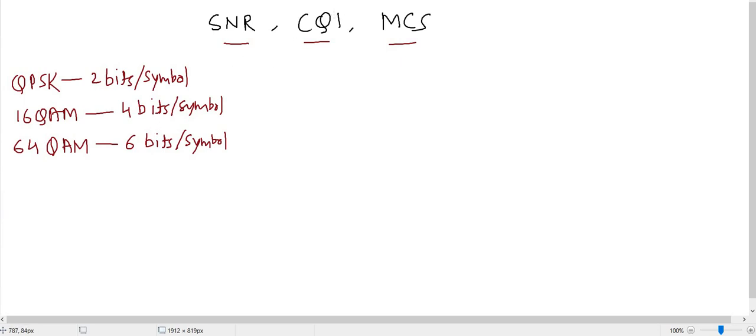Before moving ahead, I would like to tell you one more thing, that is code rate. There is a term code rate. So suppose this is our modulation scheme and code rate which we are using is 0.5. In that case, instead of 2 bits per symbol, only 1 bit per symbol can be transmitted. 1 bit per symbol.